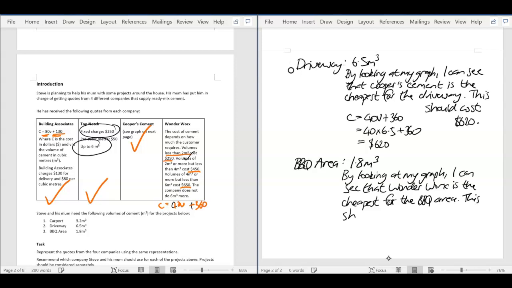This should cost $250. Just a reminder, there is no substitution here because you are dealing with that step graph.